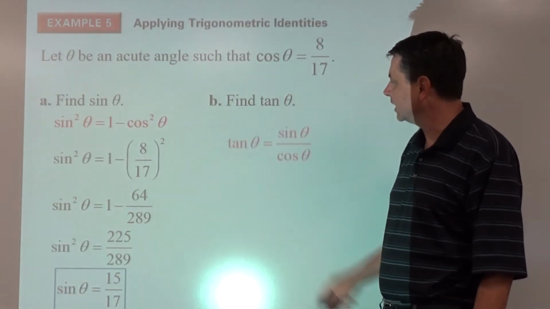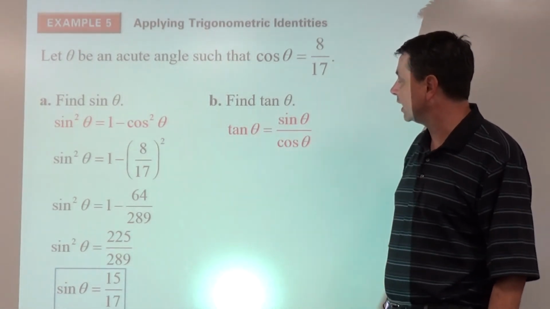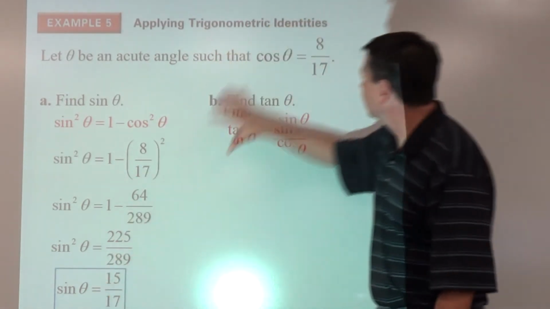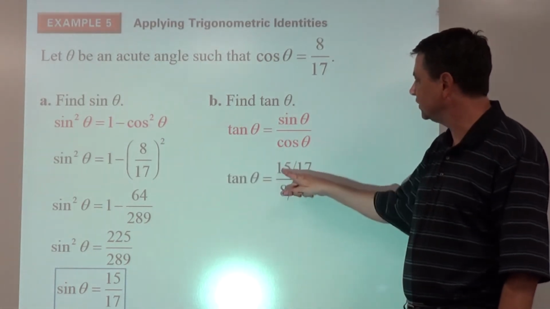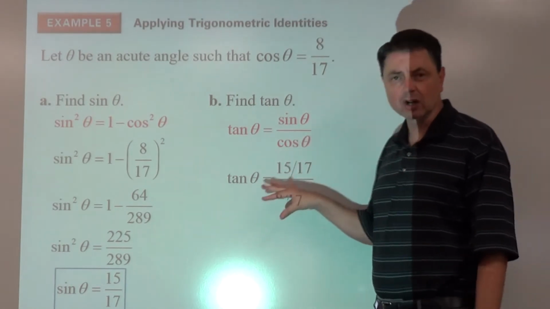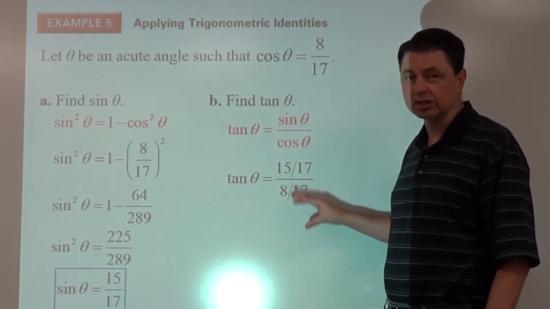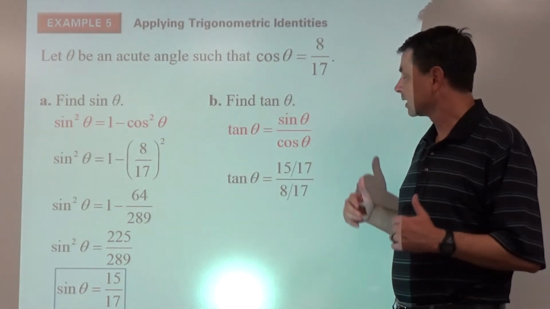So let's use that identity, the quotient identity. Tangent of theta is sine of theta divided by cosine of theta. We've got our sine of theta here and our cosine of theta there. So we're talking about 15 17ths divided by 8 17ths. We do have a complex fraction, which is a fraction divided by another fraction. But this one's pretty easy.